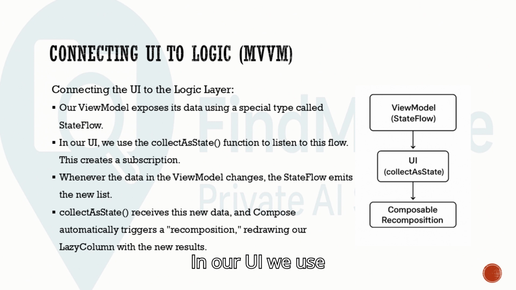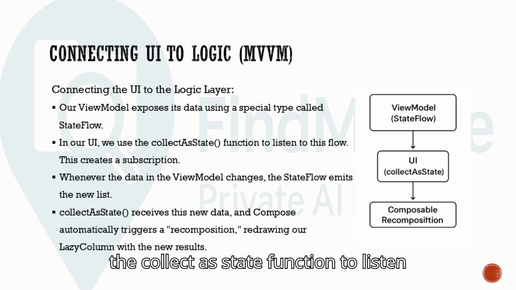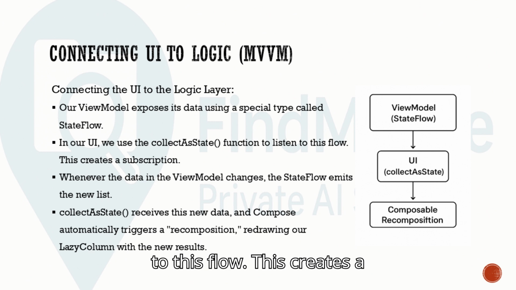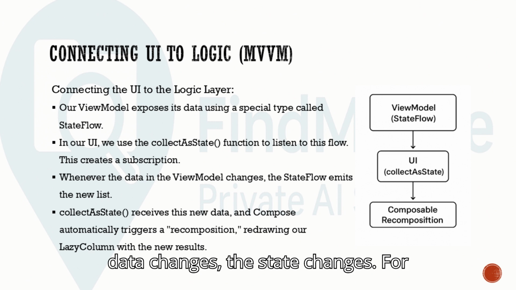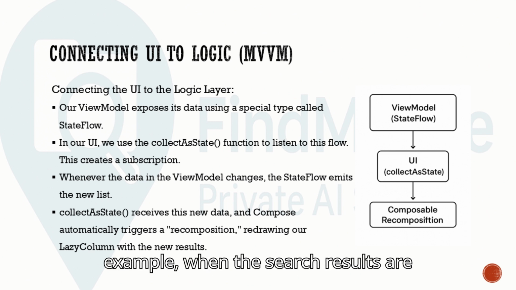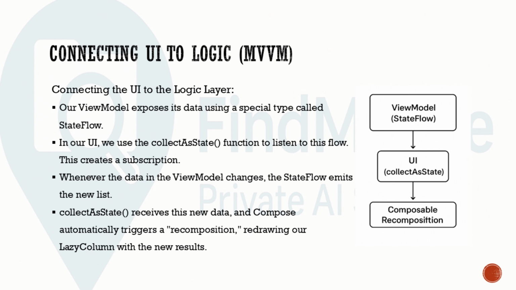In our UI, we use the collectAsState function to listen to this flow. This creates a subscription. So whenever the data in the view model changes, the state changes. For example, when the search results are ready, the StateFlow emits the new list.